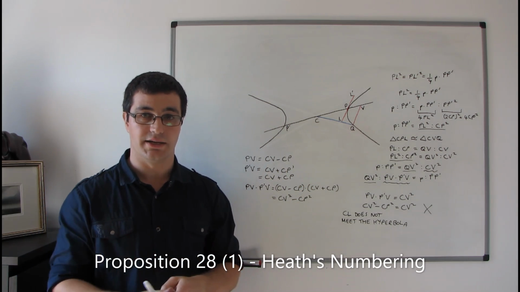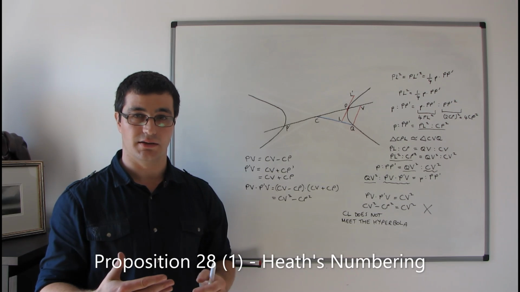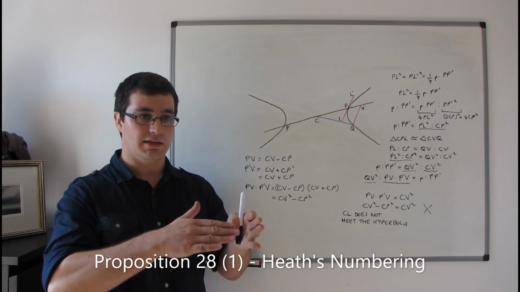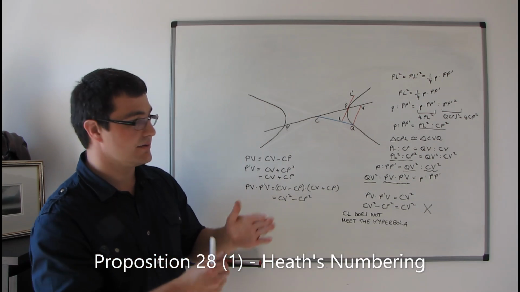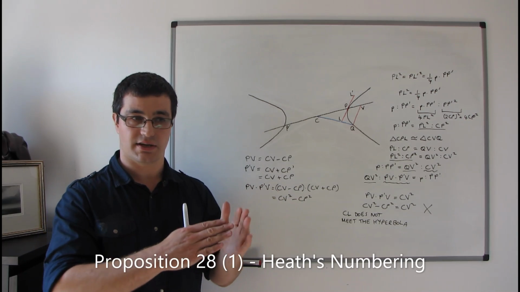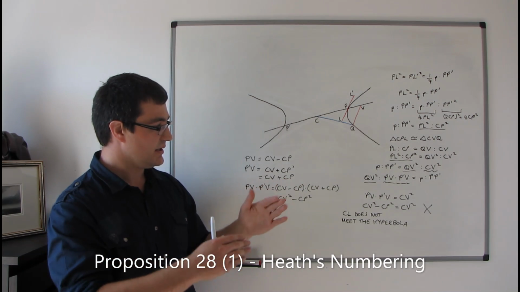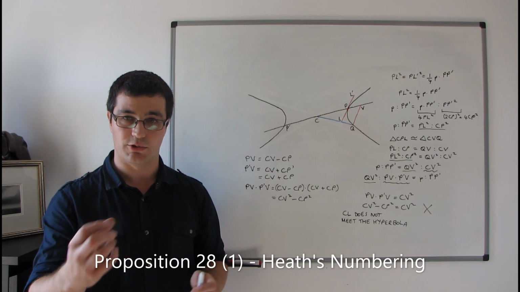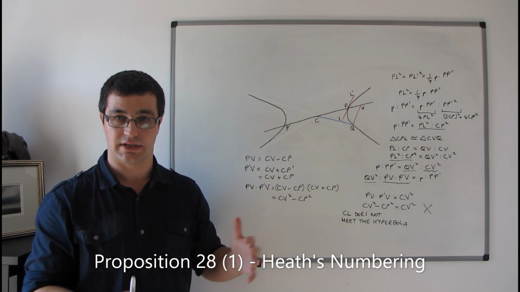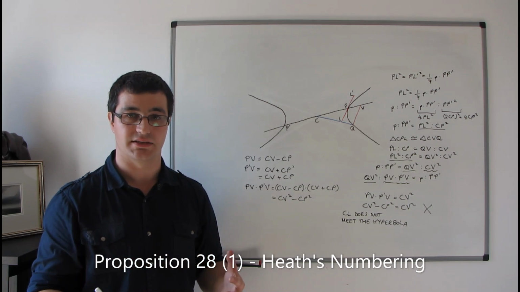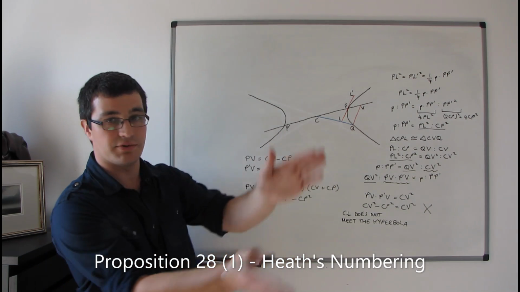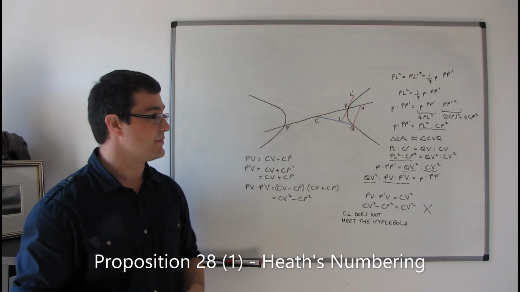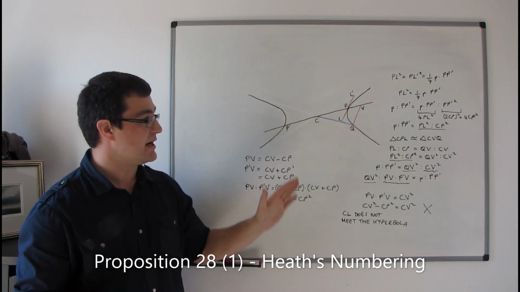Further down the line in Apollonius's work, and I think I've got it down as one of the propositions that I want to cover, we've got to prove that the hyperbola gets arbitrarily close to this line CL. We can't take that for granted at this stage. For all we know, CL and CL primed could be quite far away and remain quite far away from the hyperbola itself. So that's the first part of proposition 28.